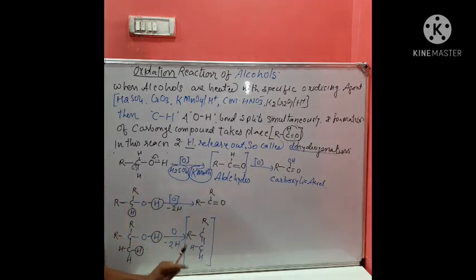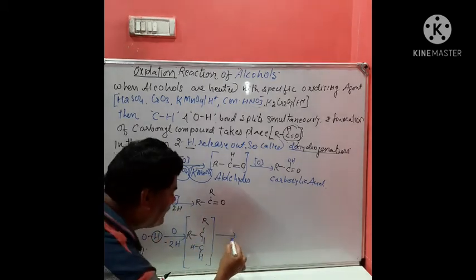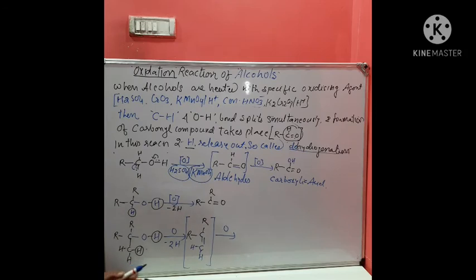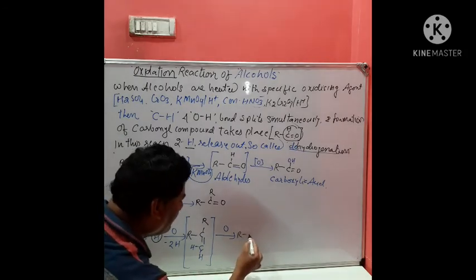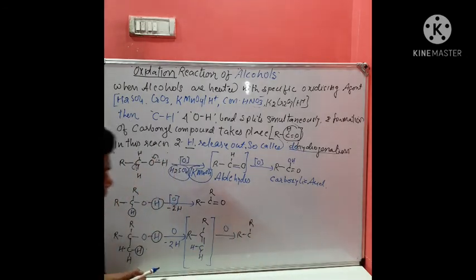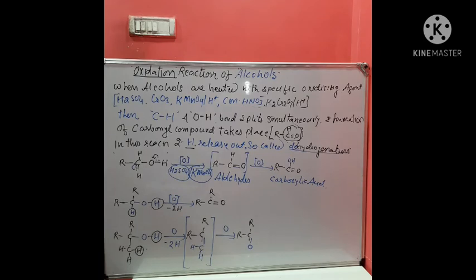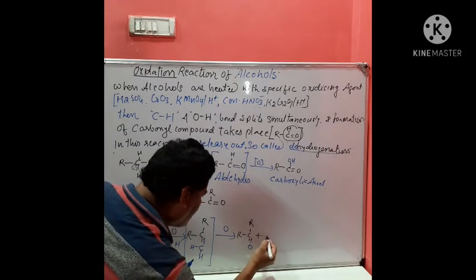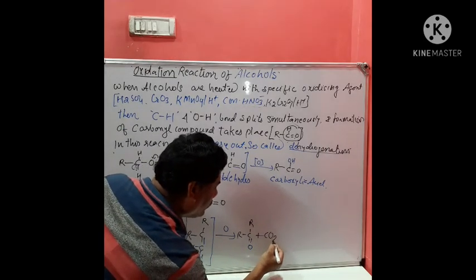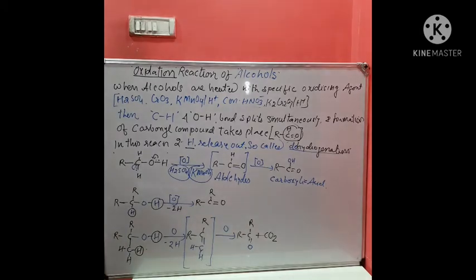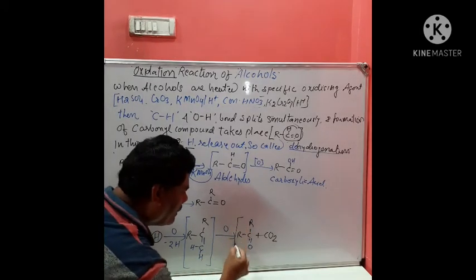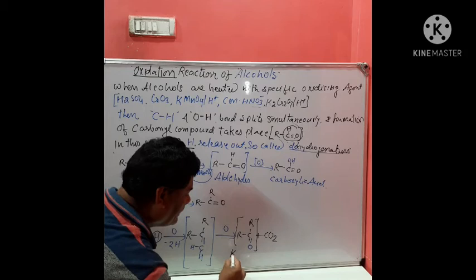Formation of alkene will take place, which on further oxidation converts into, you write R, C, this is R. Now this bond will break and here oxygen will attach, and here it will convert into CO2. That means now the formation of ketone will take place here.